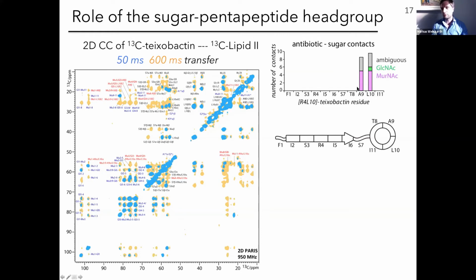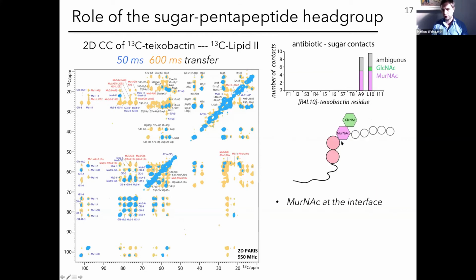You also see that almost all interfacial contacts relate to the Murnex sugar, first sugar that is directly present at the interface. There's only one faint signal for the second sugar, which must be distal from the interface. And very interestingly, we did not observe any signal for the pentapeptide in the spectrum.